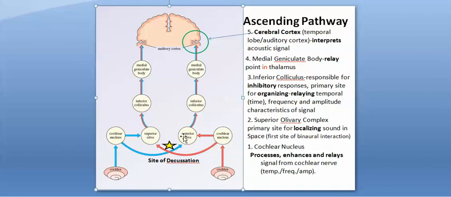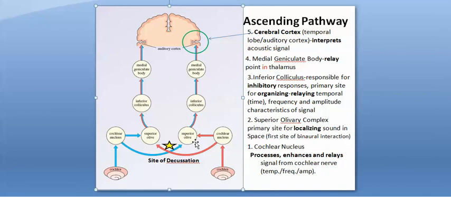So think binaural, bi. We need two cochlea on board, and we also need both superior olivary complexes on board in order to localize the sound. Okay, so right here we're relaying and enhancing time, frequency, and amplitude. Here we're localizing sound.